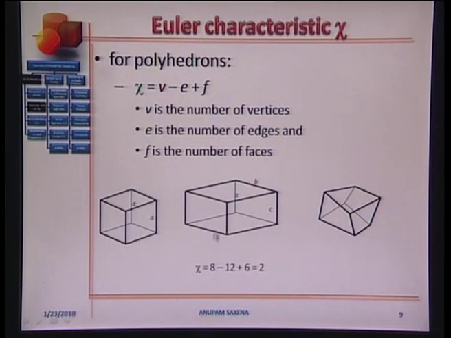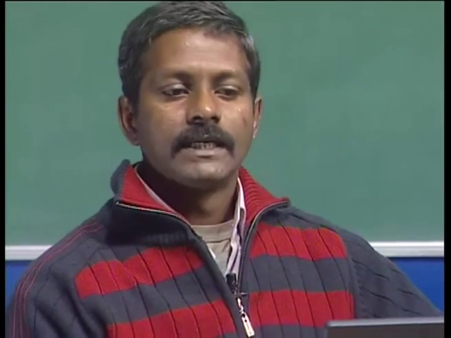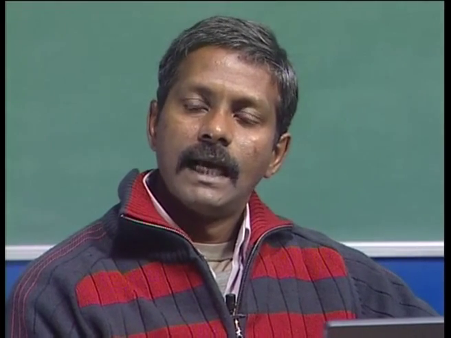And therefore, chi would be 8 minus 12 plus 6 equals 2. Let's first test this result and then try to prove it later.